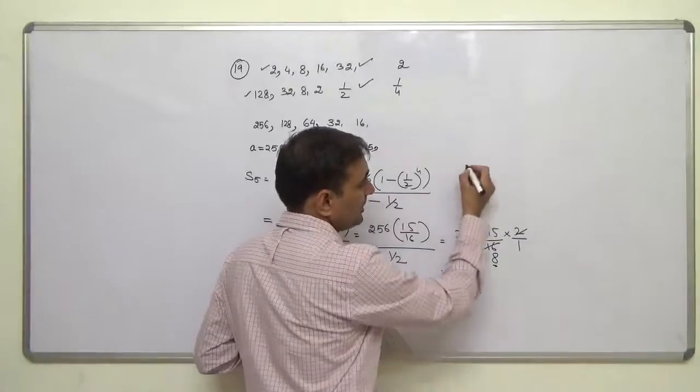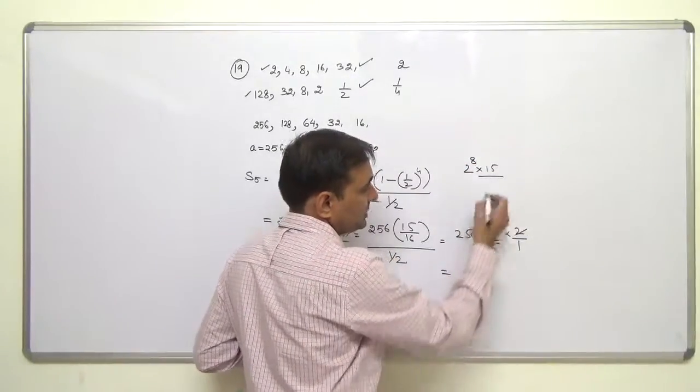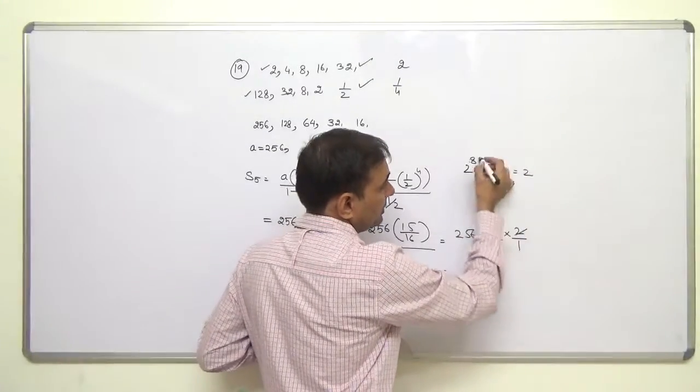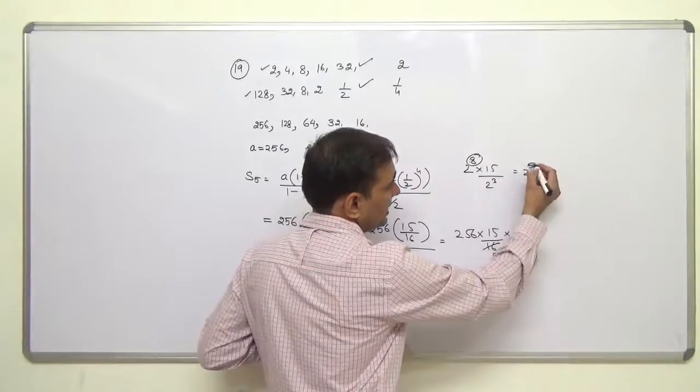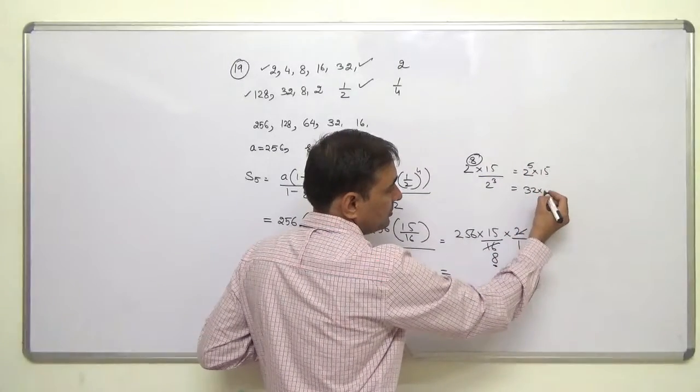So the power reduces, it will be 2 to the power 8 minus 3, that is 5, into 15, and 2 to the power 5 is 32 into 15.